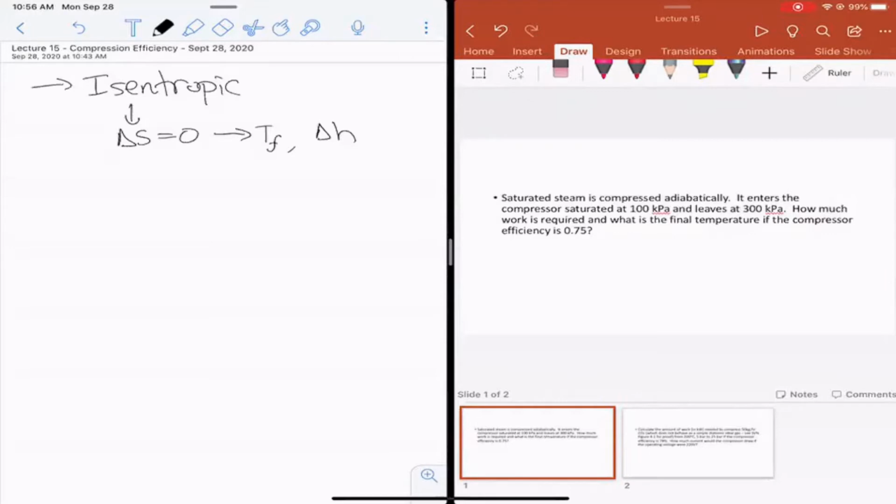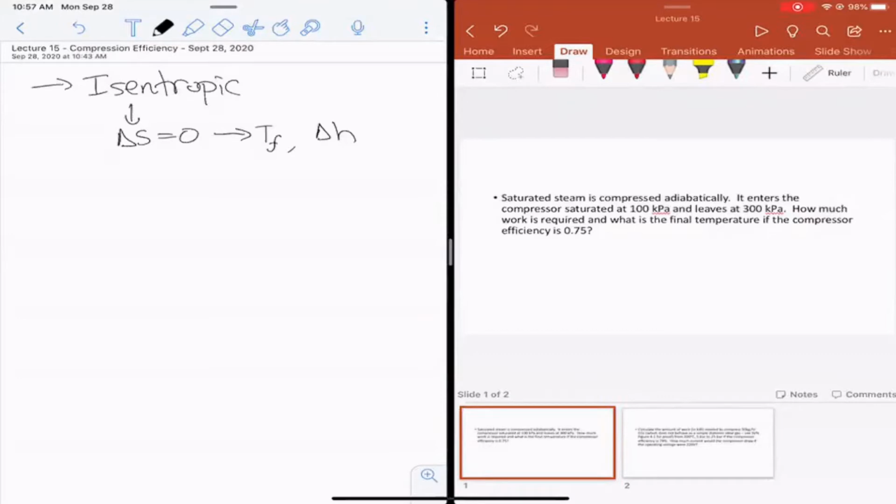Well, here we're using saturated steam. So if we're using steam, what tool are we going to use to solve this problem? Steam table. Yeah, we're going to use the steam tables. And doing so can be involved. So we're going to need to get values from the steam tables, and we're also going to have to use that interpolation formula that I talked about last time and that I demonstrated as well.